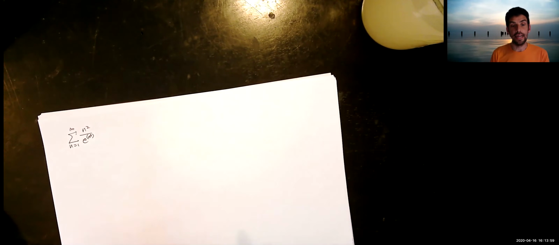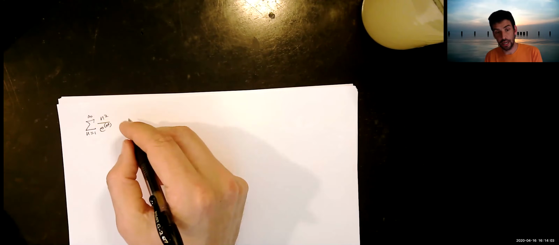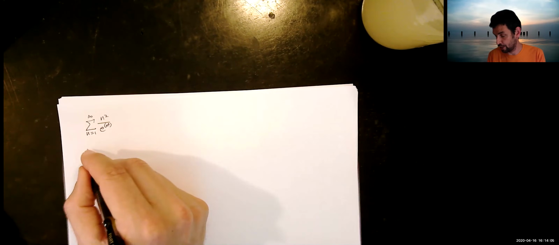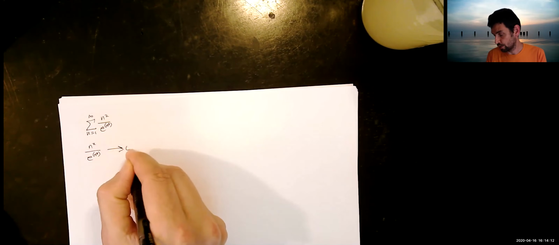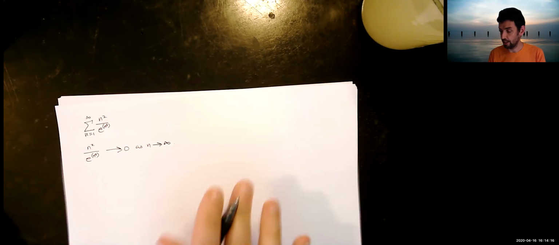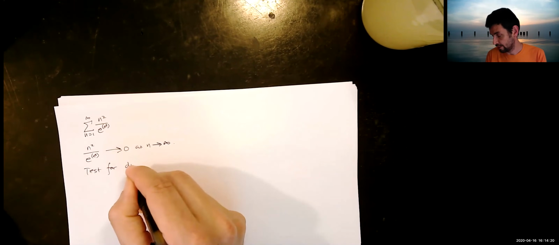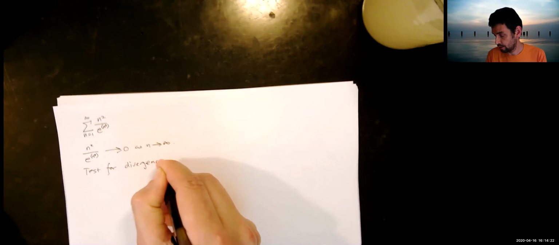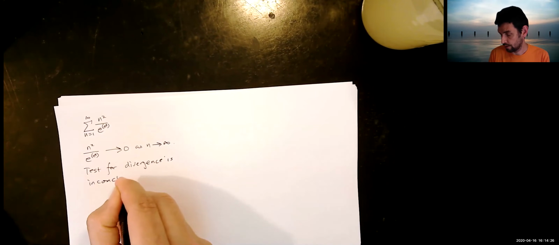Now, if you remember, we noted in an earlier video that n squared over e to the n cubed goes to 0 as n goes to infinity, right? This means the test for divergence is inconclusive, right?